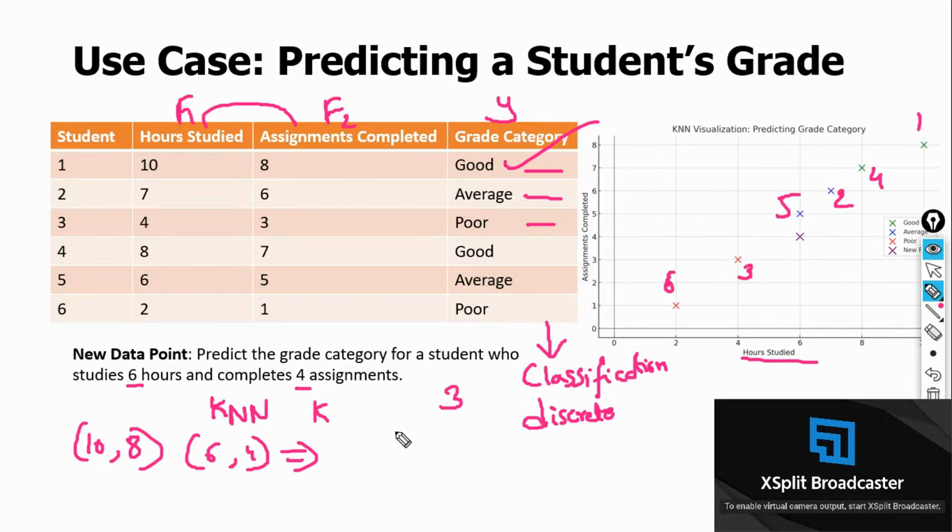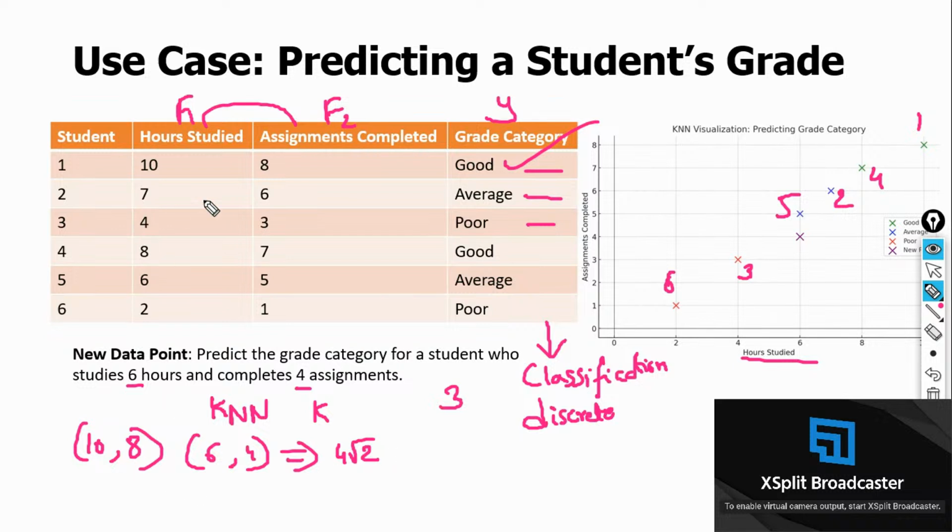Square root of 16 plus 16, nothing but 32. So it is nothing but 4 root 2. Root 2 is nothing but 1.414. When you multiply both, you get the output.